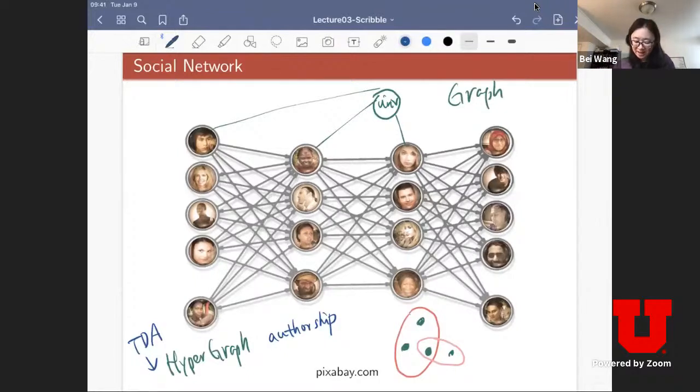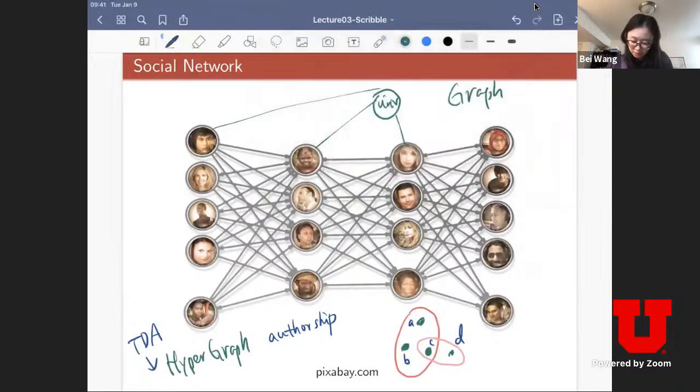For example, in this case, I have 4 authors, and the first red hyperedge corresponds to 3 of the authors writing a paper together. The second hyperedge, which is also an edge by itself, includes the authors C and D who wrote a paper together.